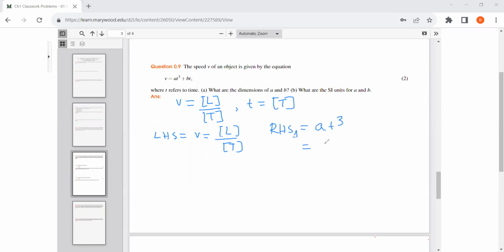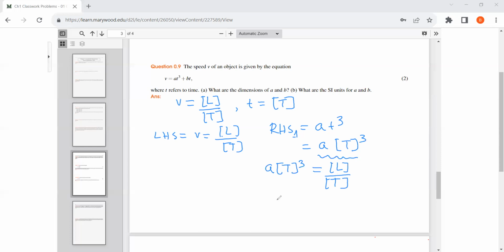A we don't know, T cube means this. Because the left hand side dimension is L over T, this whole thing's dimension should be equal to L over T. If so, then this equation is correct. So A times T cube's dimension should be equal to L over T.